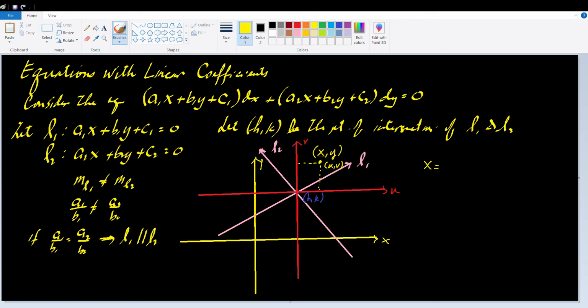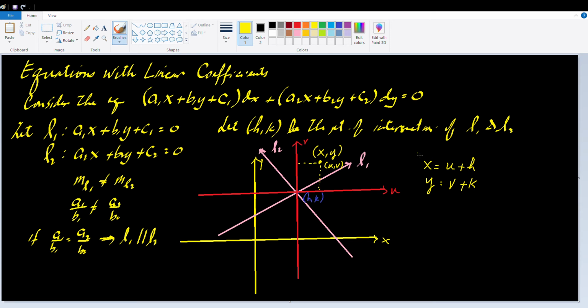And x is equal to h plus u, or u plus h. Similarly, our y is equal to the v coordinate plus k, v plus k.